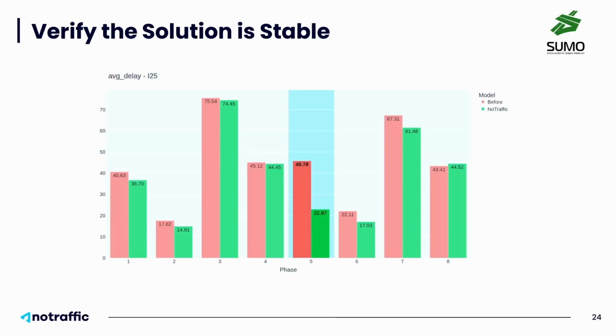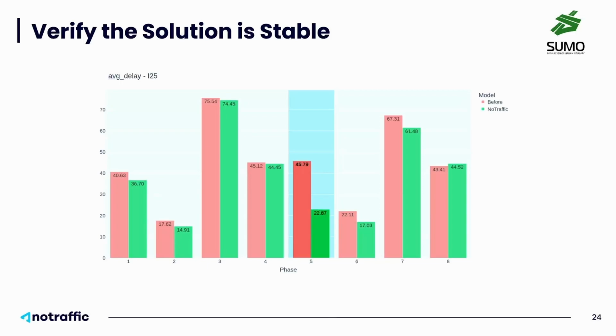Now we want to see that the solution is stable. So we want to make sure that we didn't only solve this one specific case. Here you see a summary throughout the entire scenario, the entire hour. And the summary tells us at the macro level that we were able to improve this phase.